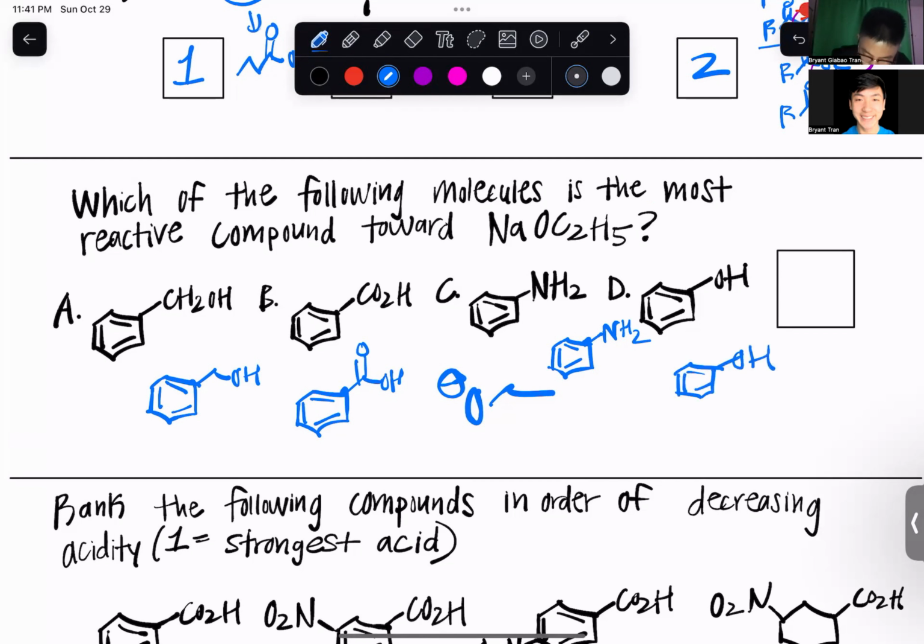Okay. We see here that this hydrogen is going to be our most acidic hydrogen because once we deprotonate it, we will have this conjugate base, where this conjugate base is able to do the most amount of resonance compared to the other conjugate bases. The conjugate base of this molecule is not even able to do resonance because we have an sp3 roadblock there.